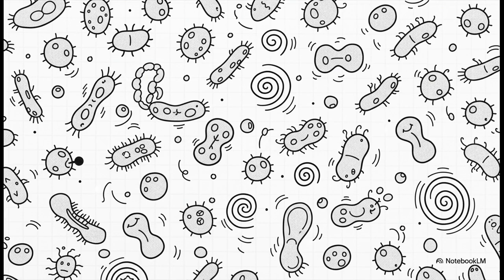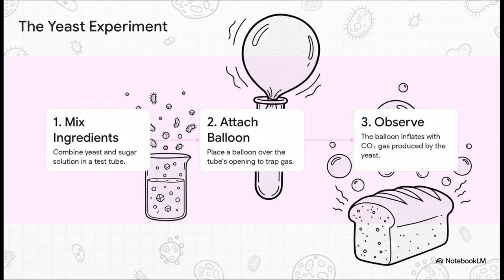And all that work they do, even though we can't see it, has massive consequences for all life on Earth, including us. And here's a brilliant way to see just how active they are. It's such a simple experiment, but it says so much. The yeast, which is a living microbe, eats the sugar and, as a byproduct, releases carbon dioxide gas. It's literally breathing, and that breath is what inflates the balloon and what makes our bread rise.